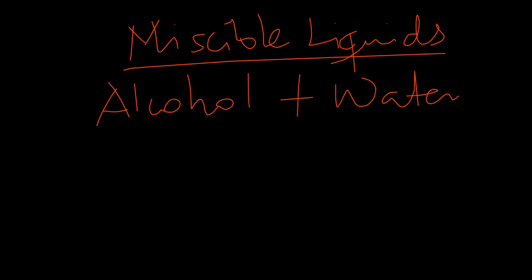Let me ask you this question. Alcohol and water, do you think they will have the same boiling point? The answer is no, because they are different. And in fact, usually different substances have different boiling points. You can actually use boiling point to determine what substances are.